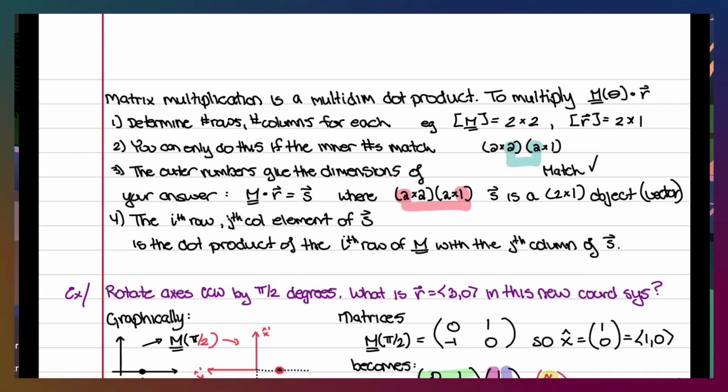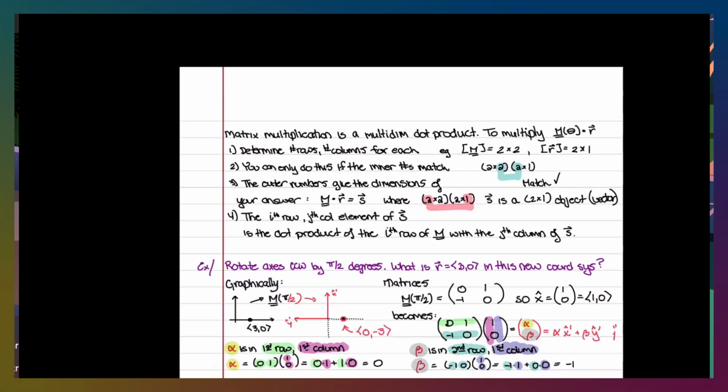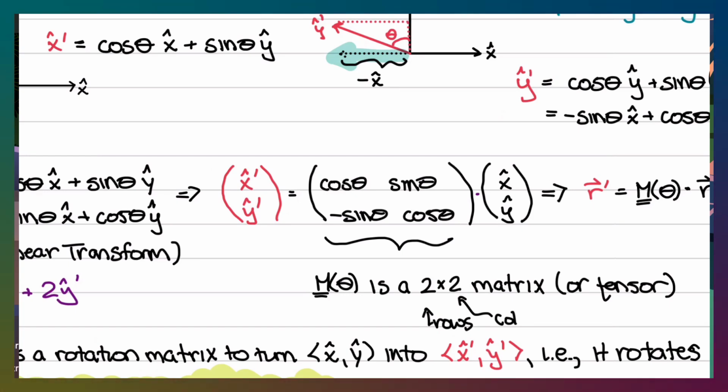First thing we're going to do is determine the number of rows and the number of columns for each. So we're doing a matrix times a vector. In this case, we found that the matrix had 2 rows and 2 columns, and then the vector had 2 rows and 1 column when we write it in column notation, the way Kittner likes to do it. So again, rows and then columns.